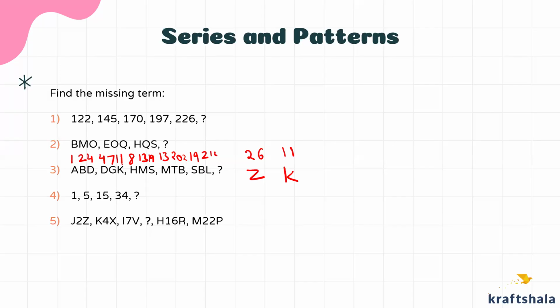So that is plus 7, plus 8, plus 9, plus 10. So it must be plus 11. So 12 plus 11 is 23 and 23 is W. So the answer is ZKW.